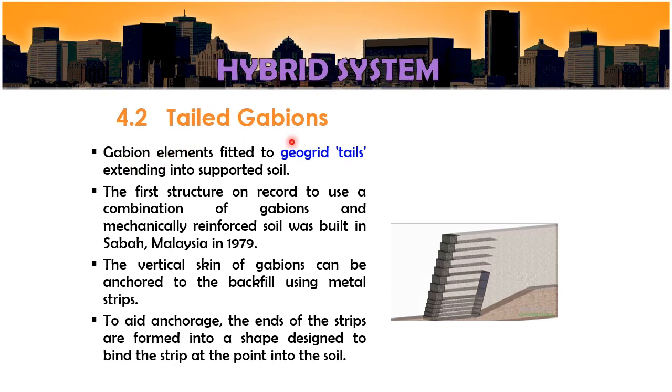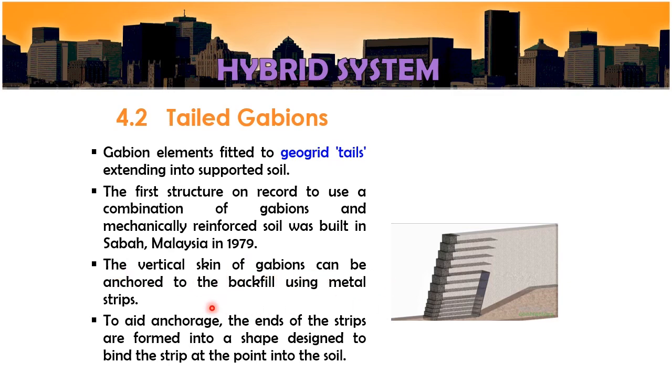Next, we look at the tail gabions. Gabion wall element fitted to geogrid tails extending into supported soil. As you know, gabion walls ni dia adalah basket yang diletakkan broken stone. The first structure on record to use a combination of gabions and mechanically reinforced soil was built in Sabah.